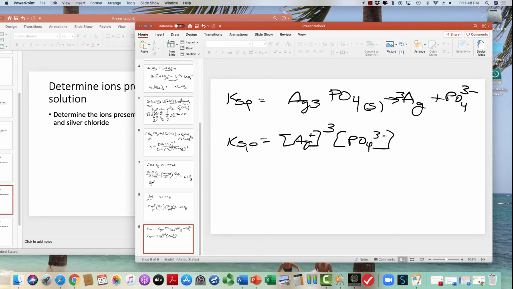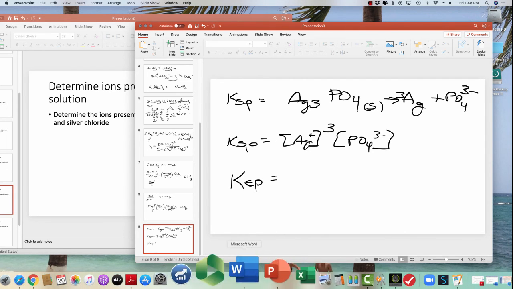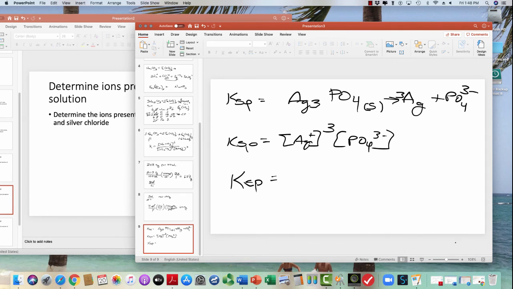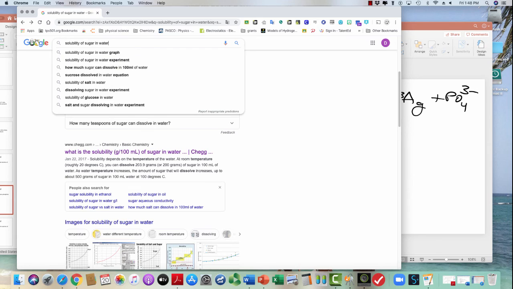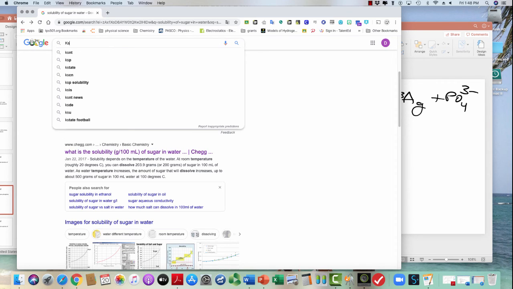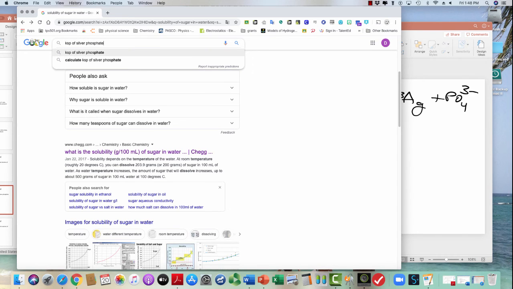Now, what we want to know is what these concentrations are. We might need one more step: the Ksp value is what we need to look for. Again, we go up here to the Ksp of silver phosphate, and there we go.